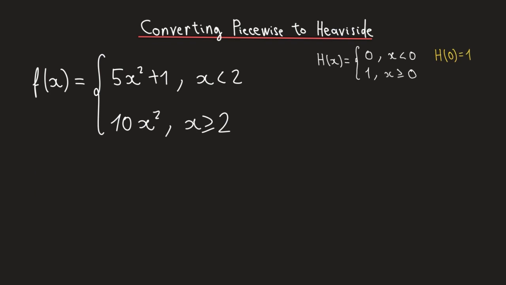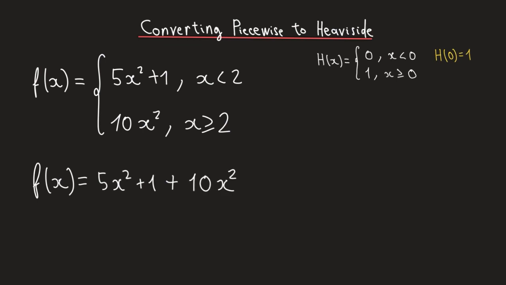What I am first going to do to express f of x in terms of h of x is write down the first section, 5x squared plus 1. So f of x is equal to 5x squared plus 1. And then I'm also going to write down the second section of our function, 10x squared.